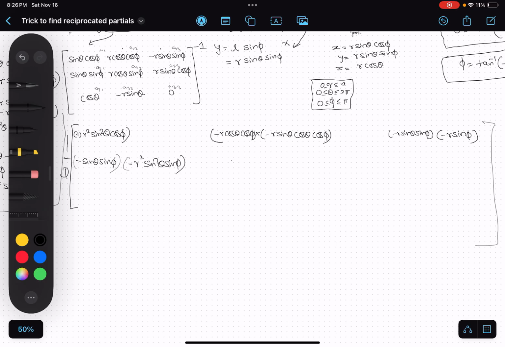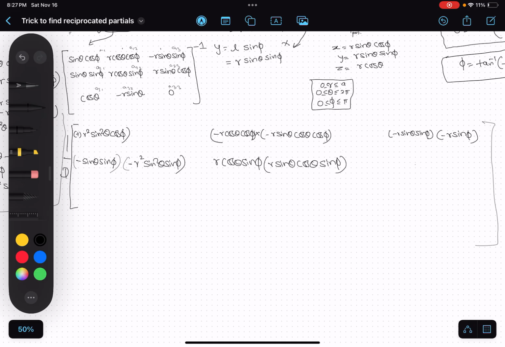Okay, good. This one there will be a plus sign, so just r cos theta sine phi, and then 0, and then plus r sine theta cos phi, r sine theta cos theta sine phi.